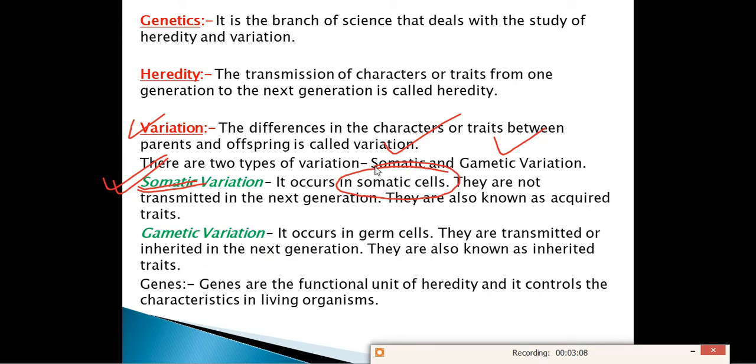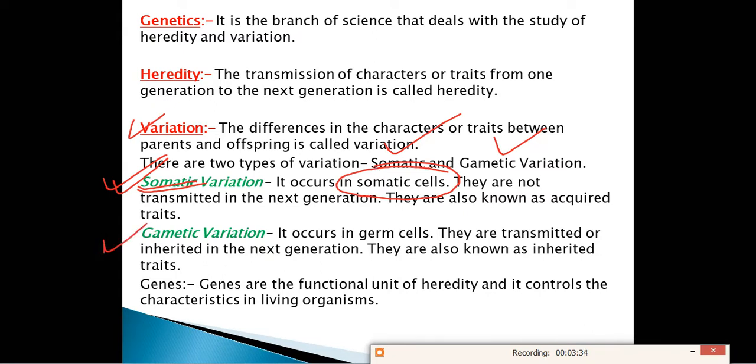Inherited traits are those traits which we get from our parents, for example eye color, our height, skin color, etc. But acquired traits are those traits which we develop in our lifetime, for example our learning power, development of muscles, etc. So somatic variation occurs in somatic cells and is not transmitted to the next generation, meaning we will not get this from our parents, and they are also known as acquired traits.